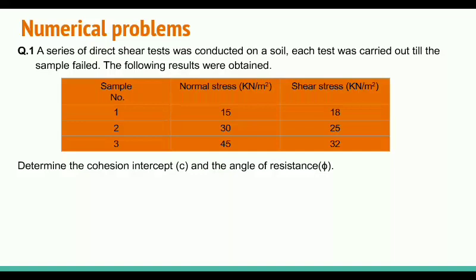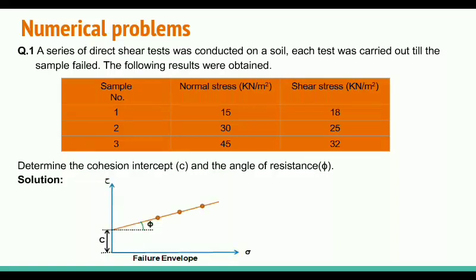By using the three coordinates, draw a line that will be the failure envelope. It may not be a perfectly straight line, but you have to draw a straight line. That failure envelope will give us the cohesion intercept and phi. Are you getting my point? So this question you have to solve on the graph paper.